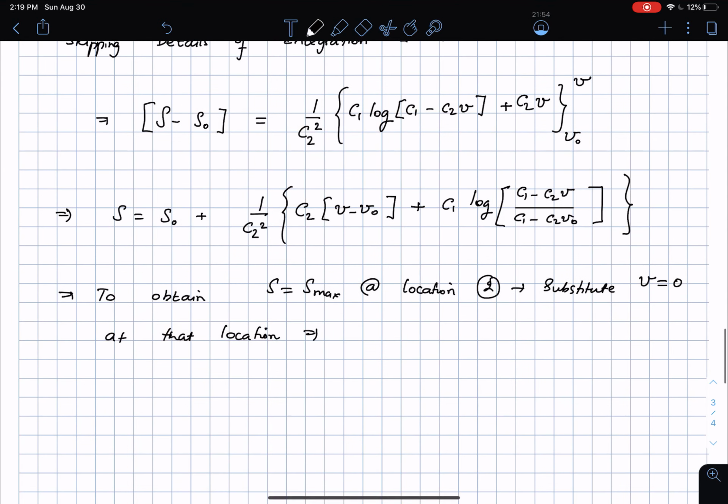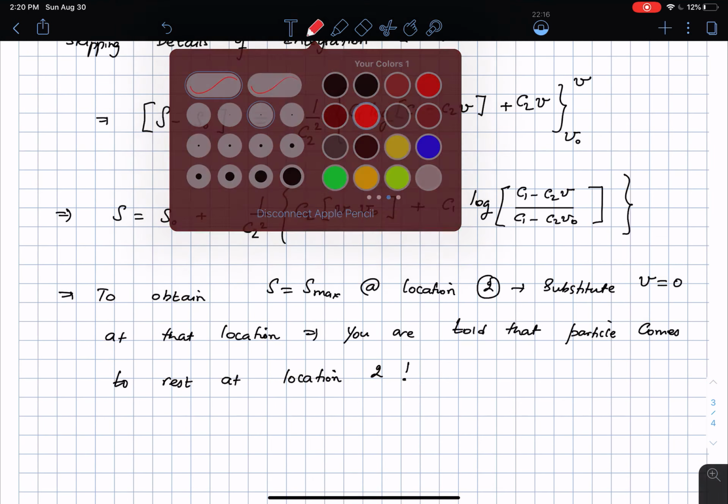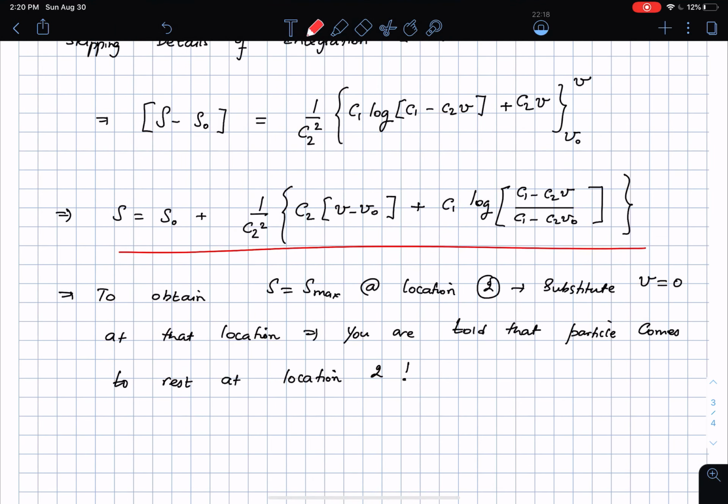Because why is that? You are told that the particle comes to rest at location 2. Okay, so I'm going to skip the details of that step because that is just a basic substitution, but here are the details of the problem as such.